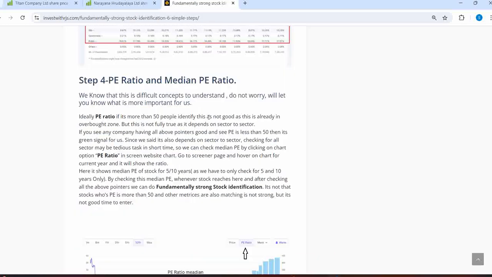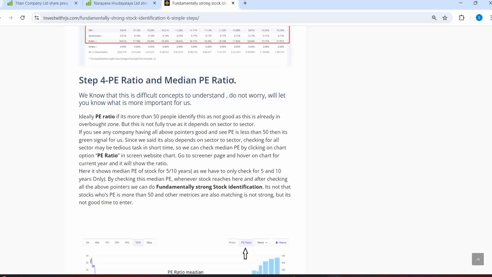so shareholding pattern, and then the PE ratio and the median PE ratio. See, PE ratio depends on sector to sector. Mainly people will see the price to earning ratio in such a way that if it is more than 50, it is in an overbought situation, whereas less than 50 it can be purchased.